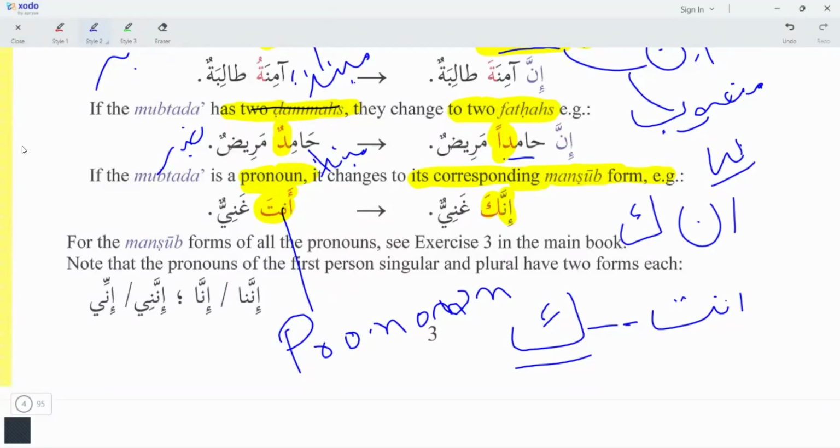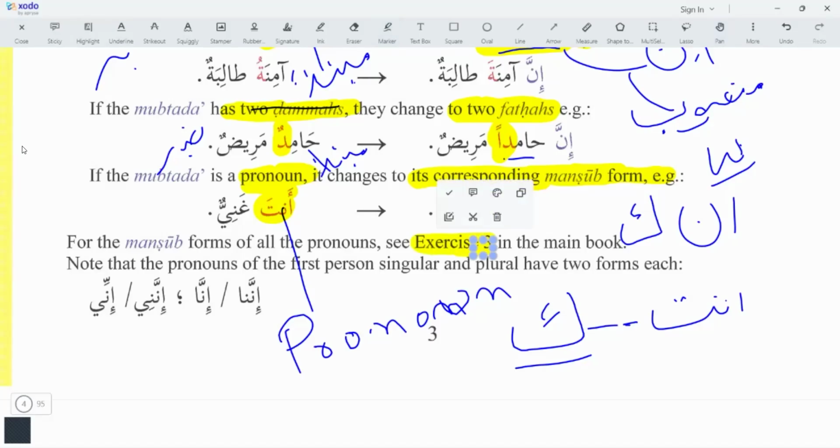Surely you are rich. No doubt you are rich. So it is emphasis here, tawkid. For the mansub forms of the pronouns, see exercise lesson number 3.